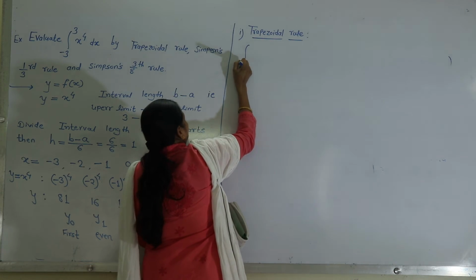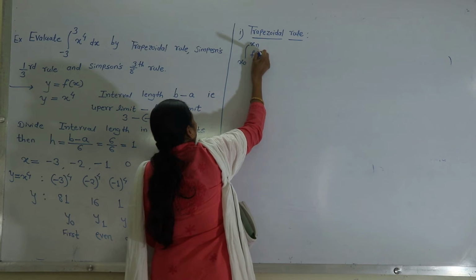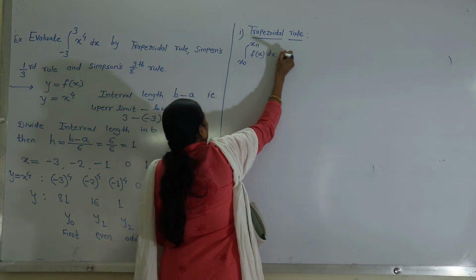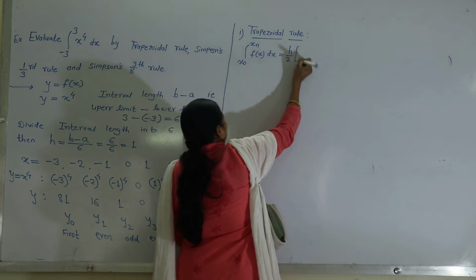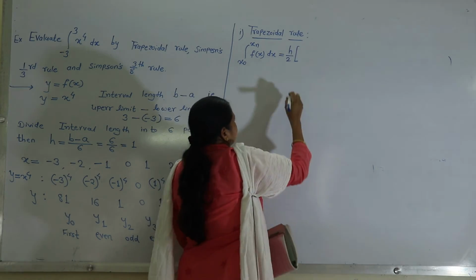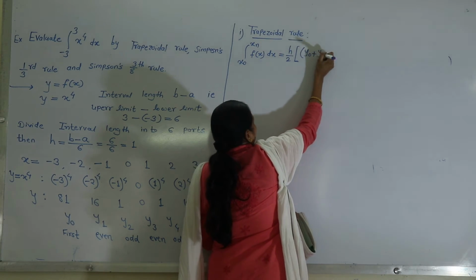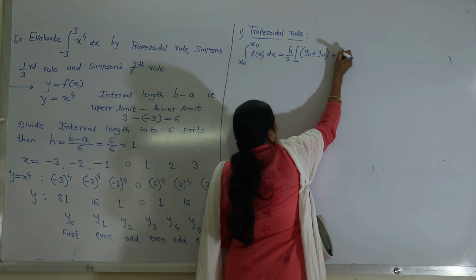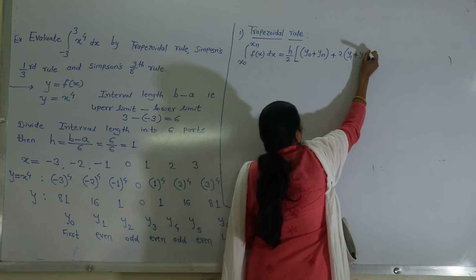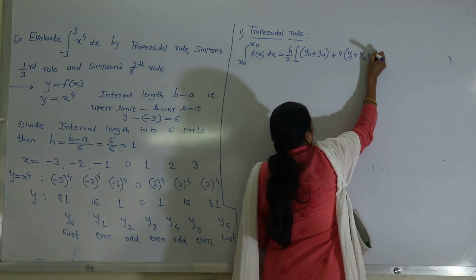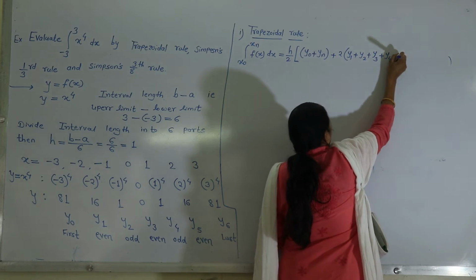Integration from x0 to xn of f(x) dx is equal to h by 2 in bracket y0 plus yn plus 2 times (y1 plus y2 plus y3 plus y4 and so on).